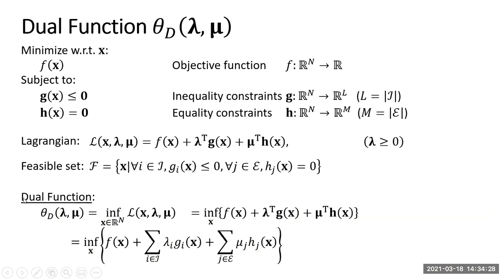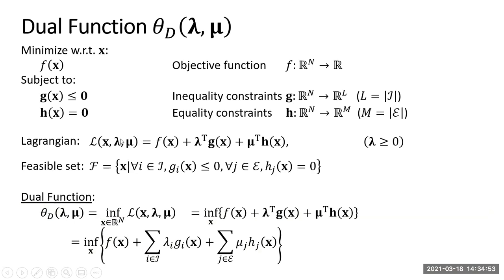Next, for the dual function we do the opposite. Instead of taking the maximum with respect to the dual variables, we take the minimum, the infimum, with respect to the primal variable x, and thereby we eliminate x. We obtain a function of lambda and mu, and that's theta d of lambda, mu.